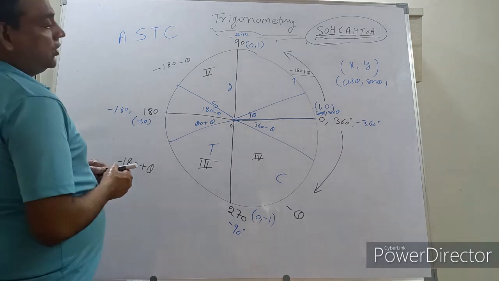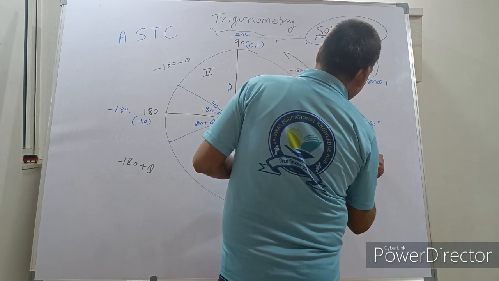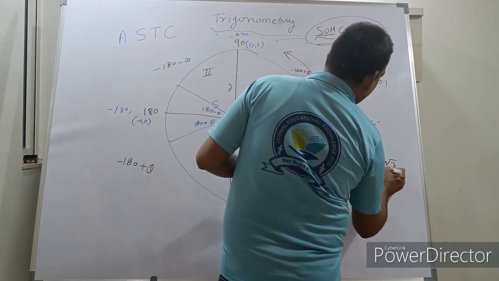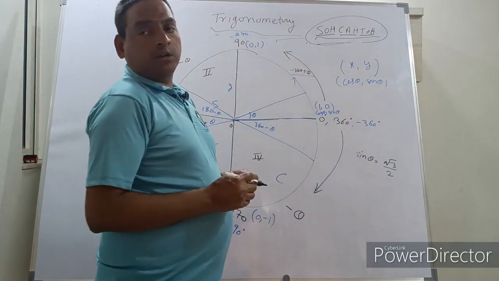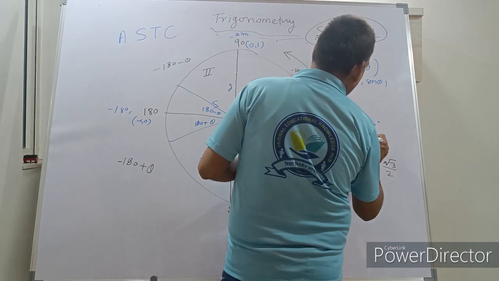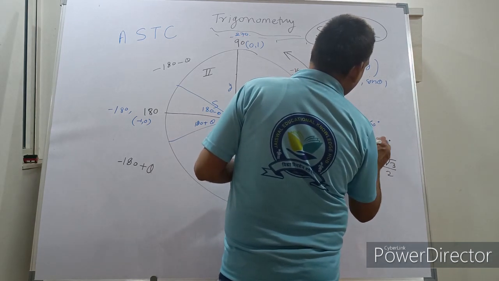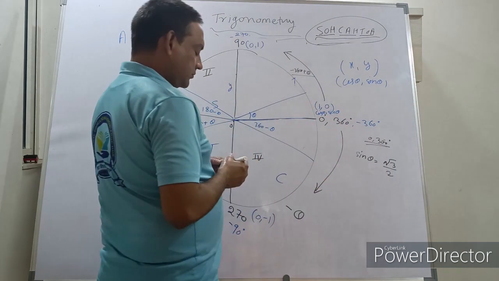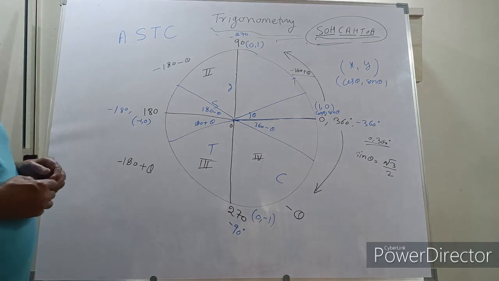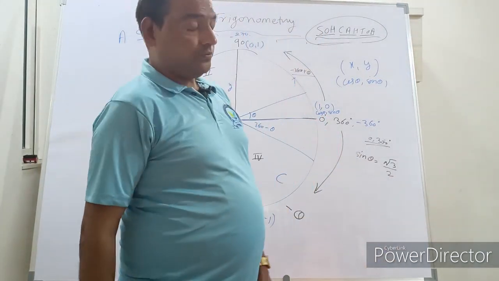Now how to solve this type of sum? Suppose they give you sin theta is equal to root 3 upon 2. Find out all the theta values from 0 to 360 degrees. So we have to go to the table where we get the sine value root 3 upon 2.